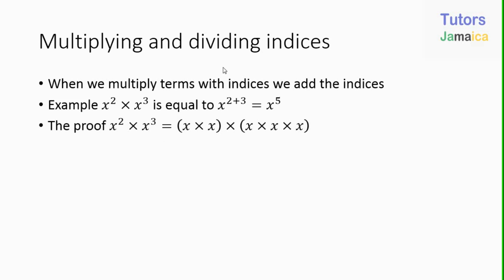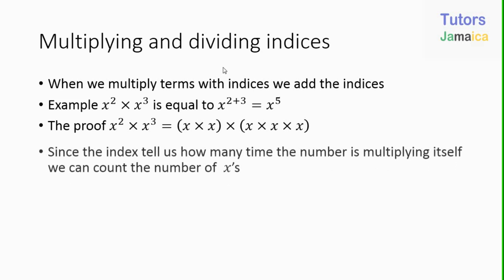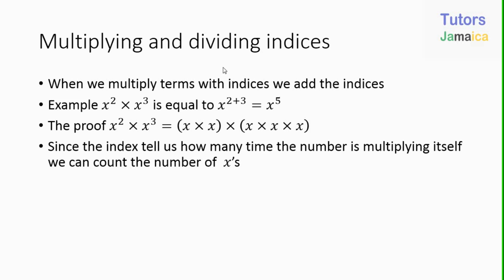And the proof for that is that x squared times x cubed is equal to, open bracket, x times x, that is what x squared is equal to, and then x times x times x is what x cubed is equal to. Since the index tells us how many times the number is multiplying itself, we can count the number of x's, and we get 5 x's. So we say x to the 5th power, which means that x is multiplying itself 5 times.